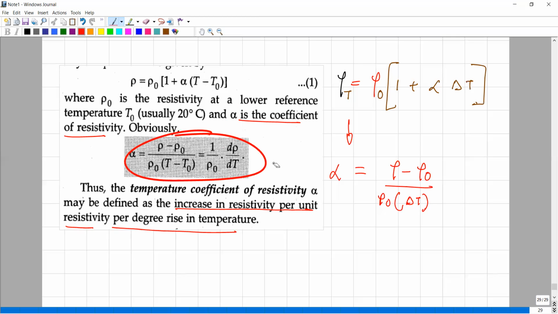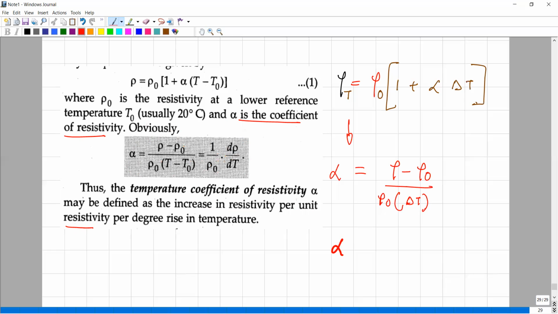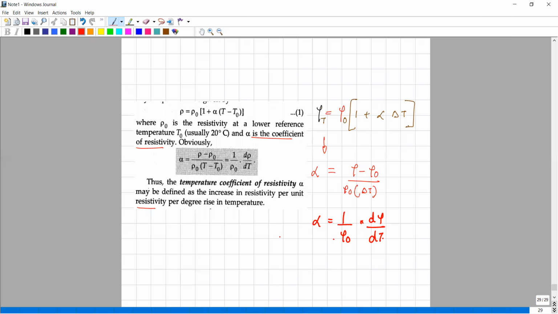Then this whole expression can be written as alpha is equal to 1 over the original resistivity times the change in resistivity by the change in temperature. You will get numericals based on this particular formula quite a lot, where the resistivity at a lower reference temperature is given, and the rate of change of resistivity with respect to temperature is supposed to be found out.